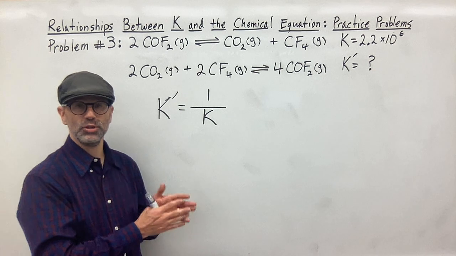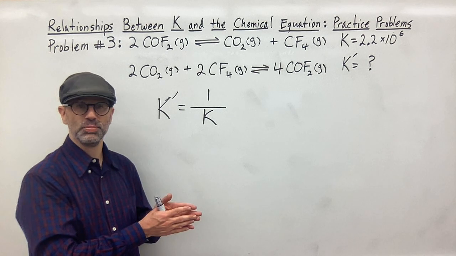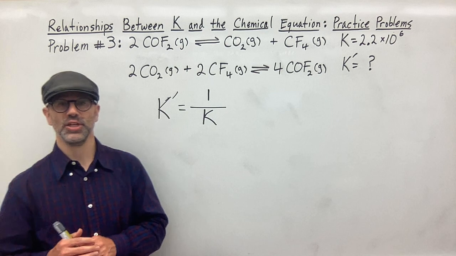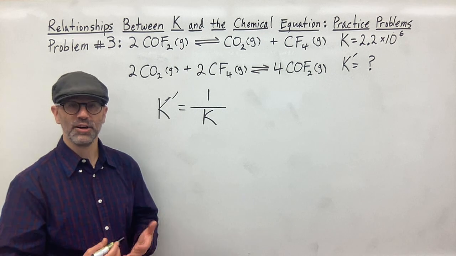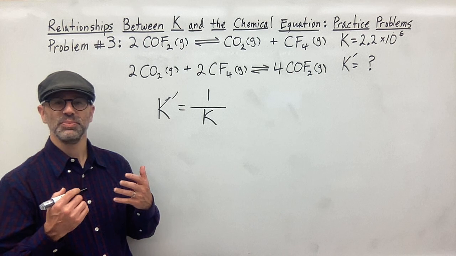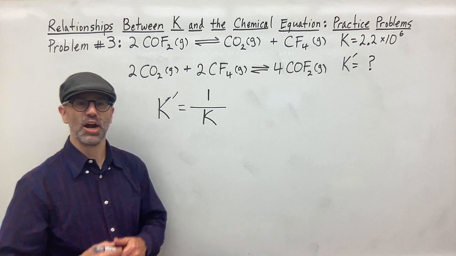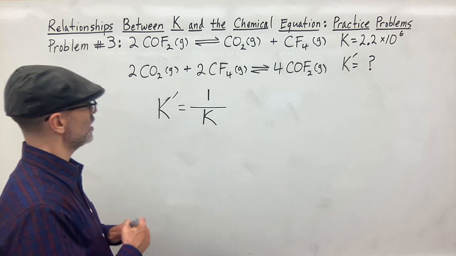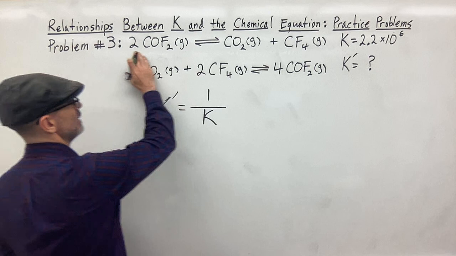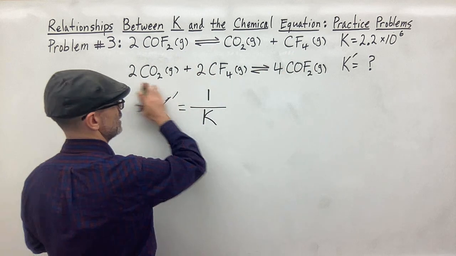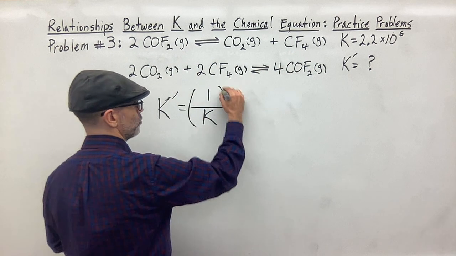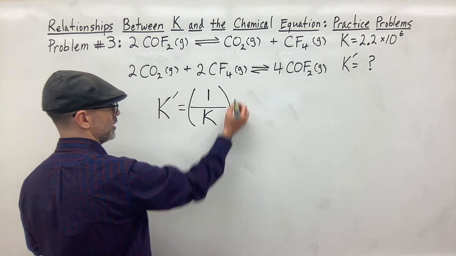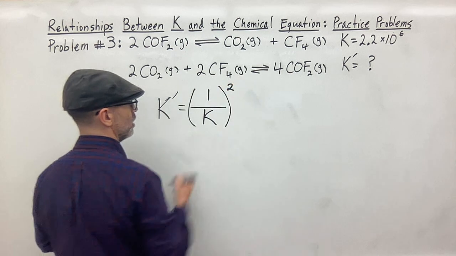So whatever factor you multiplied by becomes the power of the equilibrium constant. Sorry, I'm getting all this mixed up. So since I multiplied this equation by 2 to get this equation, that means that I have to raise everything to the power of 2.